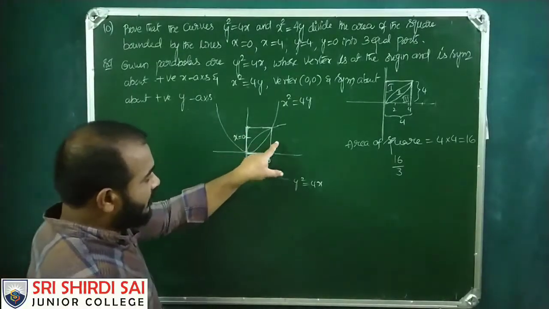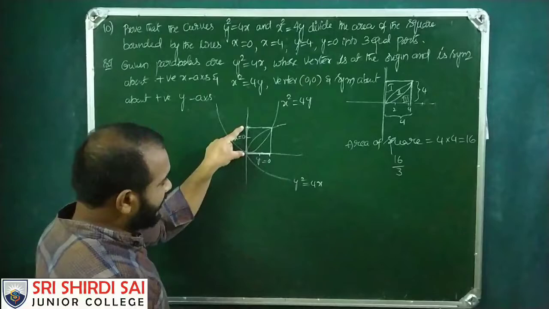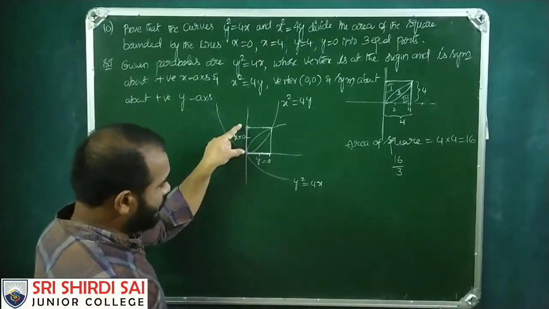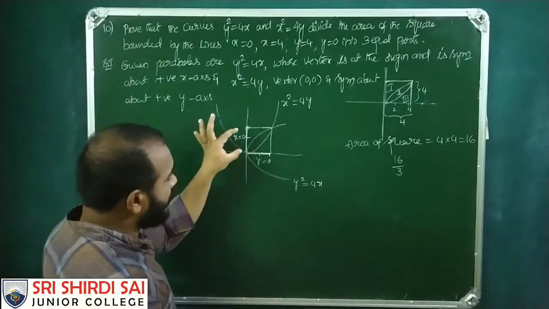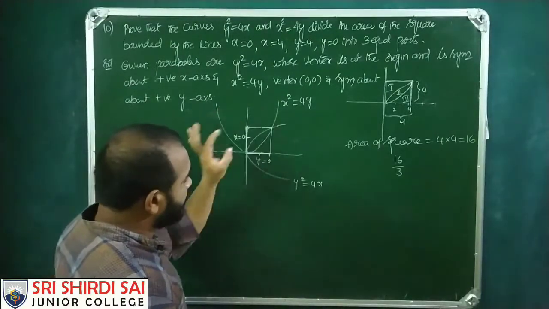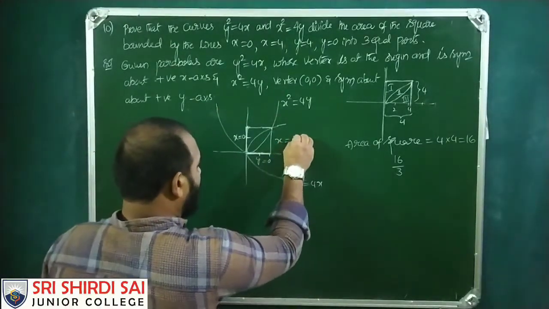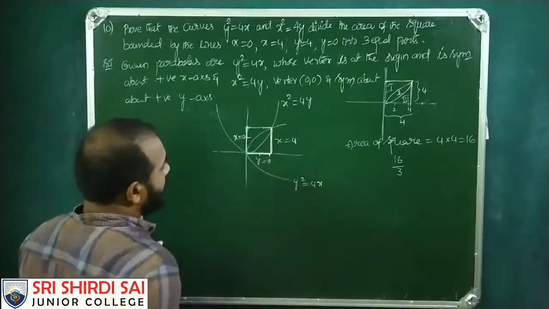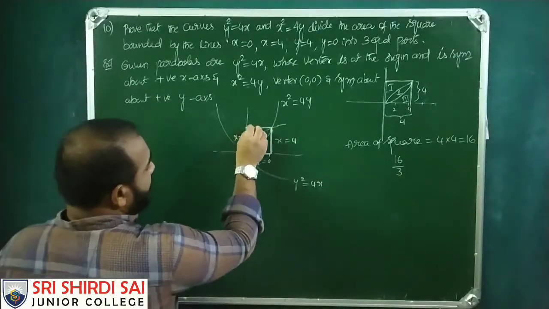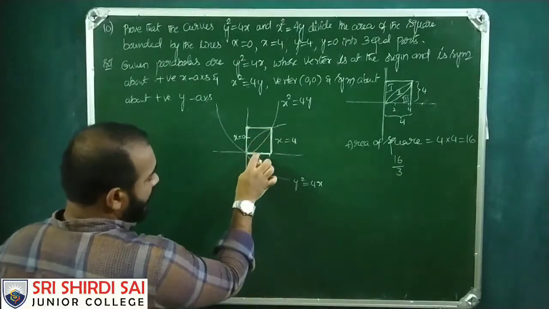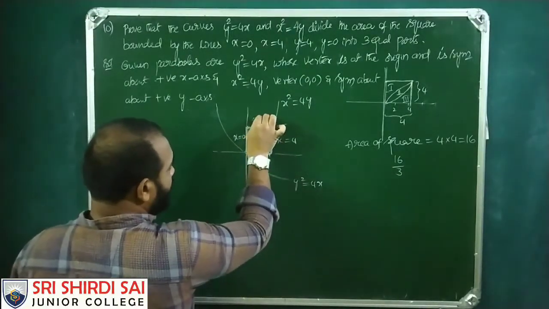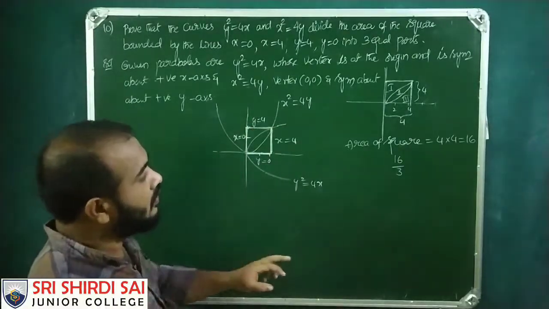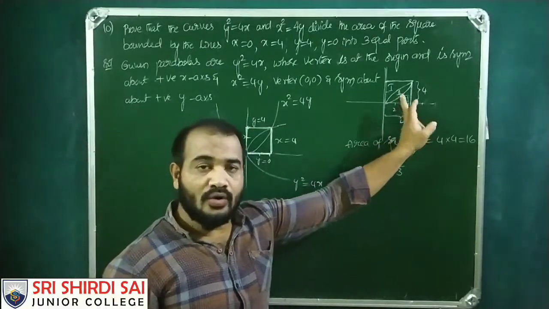So this is the line which is parallel to x-axis. This line is parallel to y-axis. Any line which is parallel to y-axis is in the form, this is x equals to 4. And this line is parallel to x-axis. Any line which is parallel to x-axis is y equals to 4. Therefore, this is what I told you before.